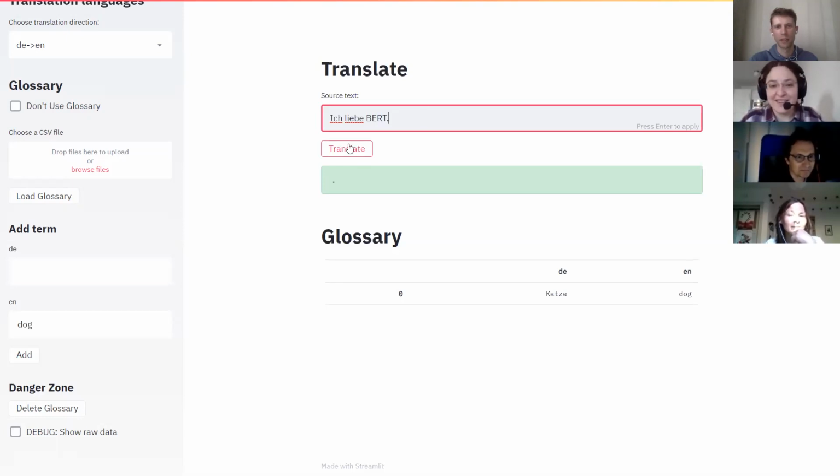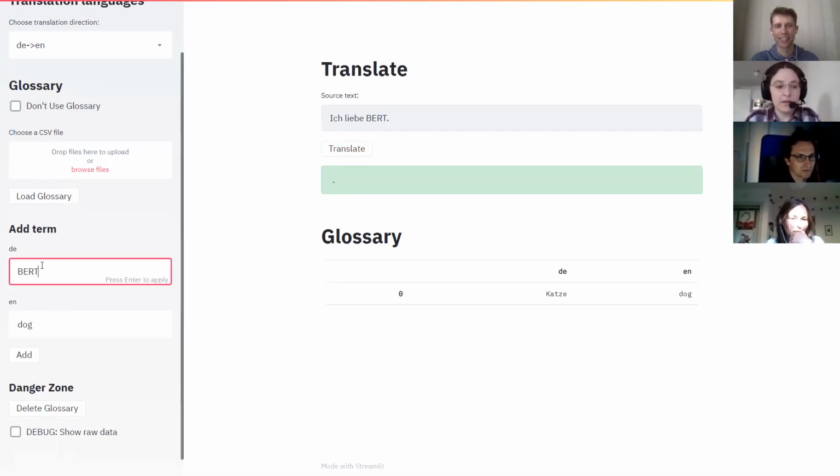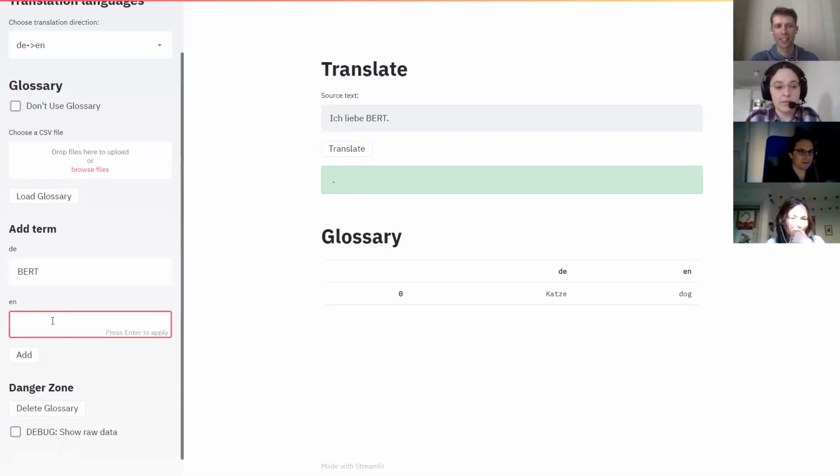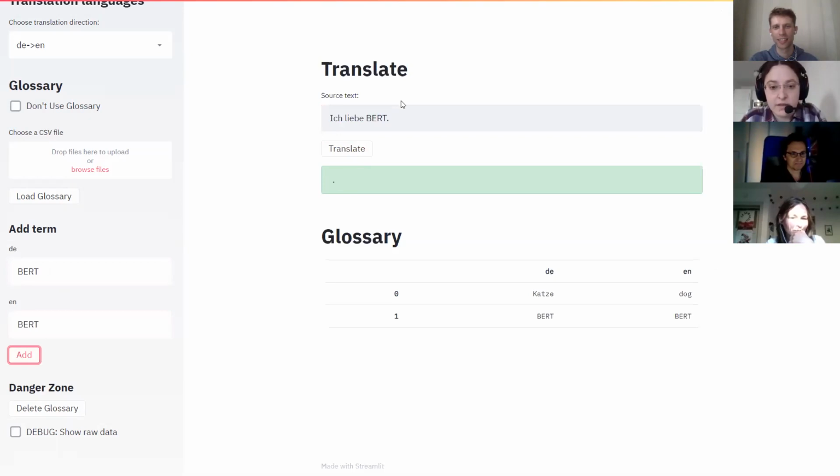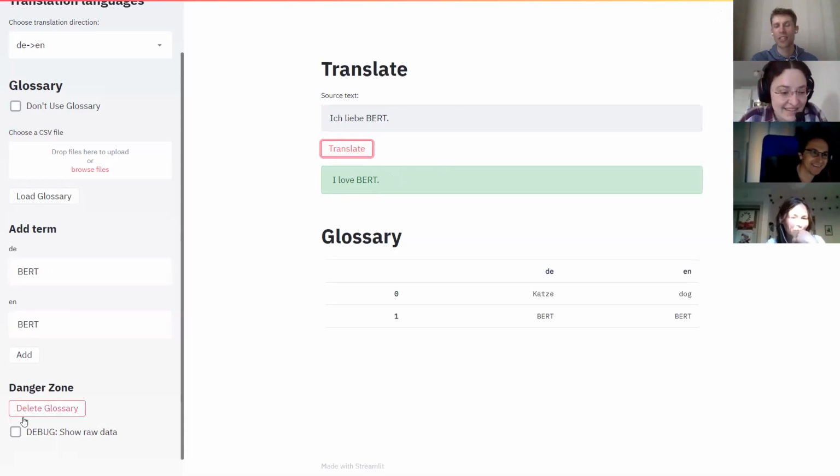Okay. Without the glossary? With the glossary? Just by itself? Well, it should translate with the same term. So you would like me to put BERT as a term, right? Okay. Let's give it a shot. I don't know what's going to happen.